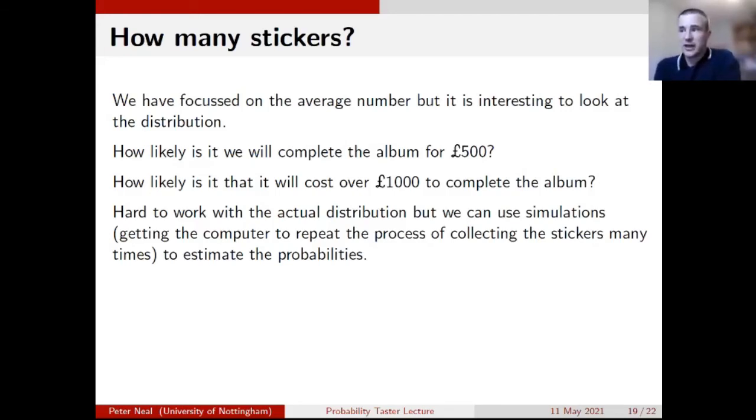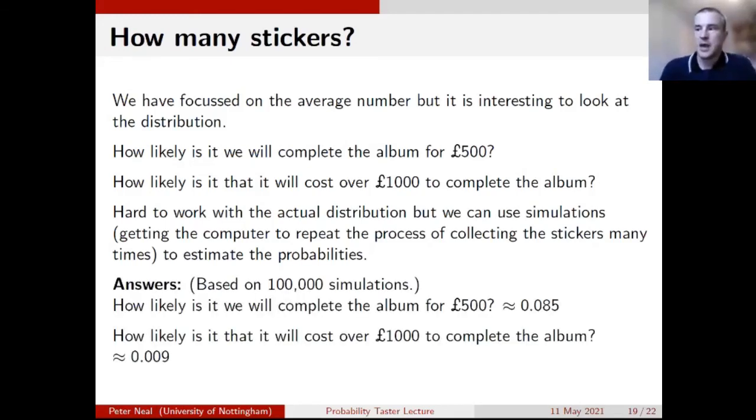In other words, get the computer to repeat the process and to estimate the probabilities. And what we get is there's about an 8.5% chance, probability 0.085, that you'll have completed the album for less than £500. And there's a just under 1% chance, probability 0.009, that it would cost you over £1,000.